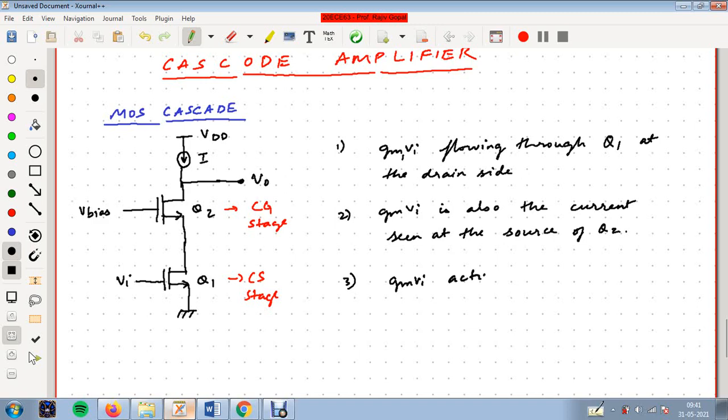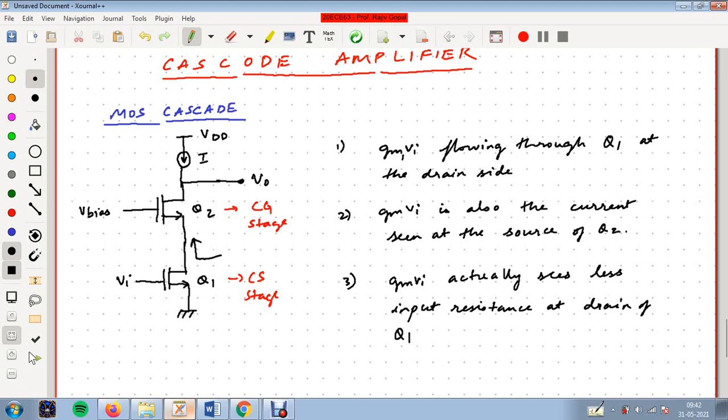Remember here we connect R at V0. This gm1 Vi actually sees a less input resistance, the input impedance seen at the drain of Q1 looking in this direction.